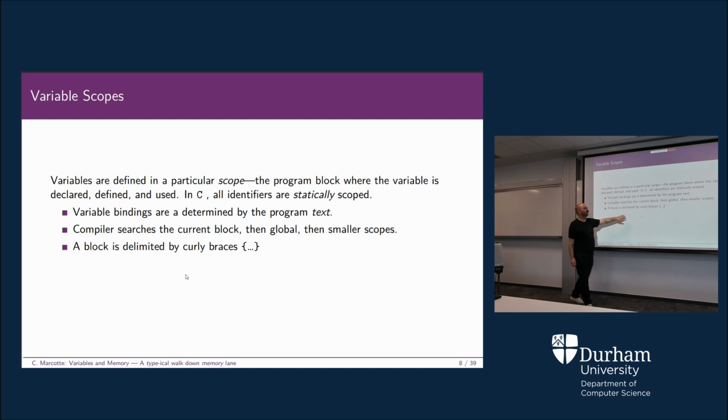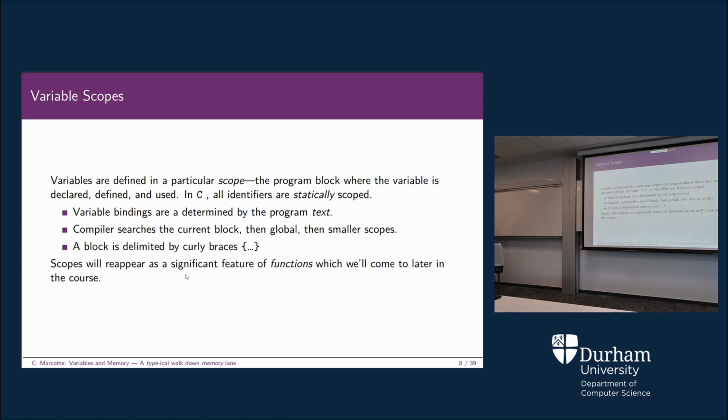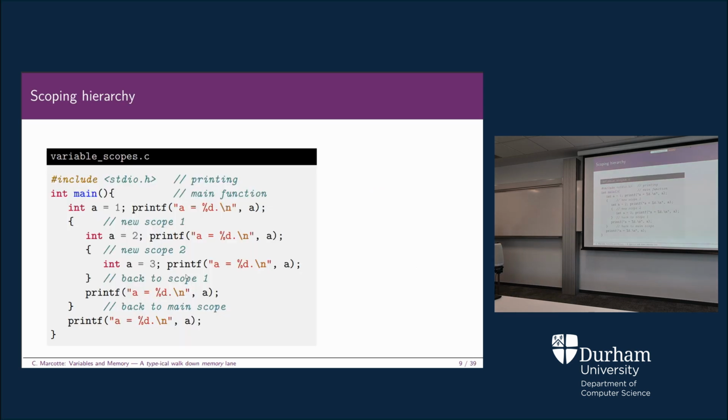Typically, it's good practice to restrict yourself to things in the current block and have very few global variables, and to not rely on anything being in smaller scopes. Scopes are really significant for functions, which we'll discuss later in this course. So let's talk about scopes a bit.